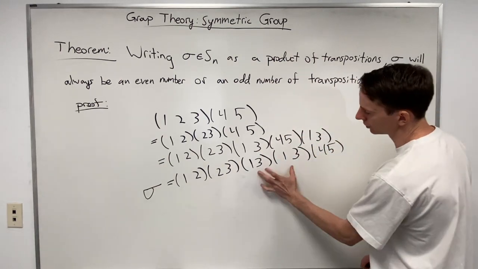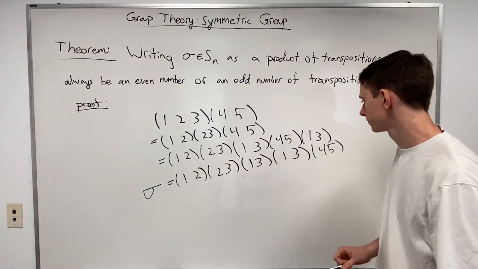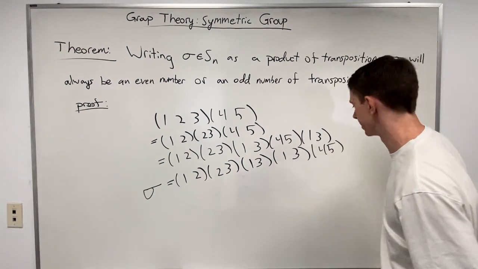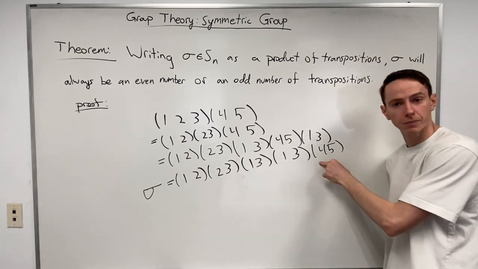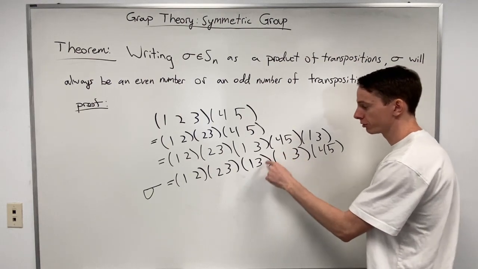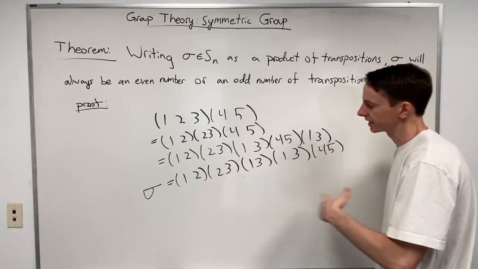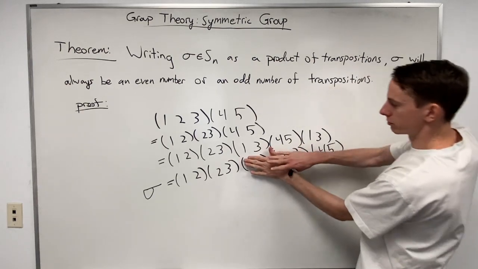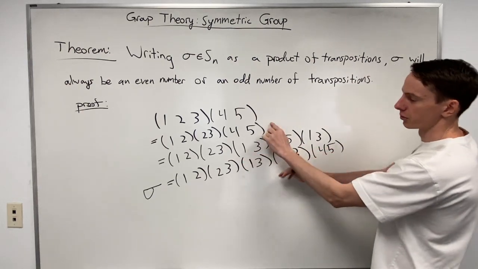So the only thing new is these additional two factors. Let's say that we input 1 into this permutation. 1 doesn't get affected by this. Here, 1 would go to 3, and then 3 would go back to 1. So it's the same thing as if we just did not have either of these two in the first place, which is what we have right here.